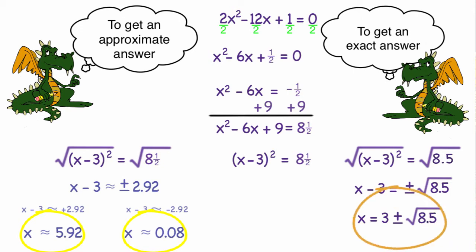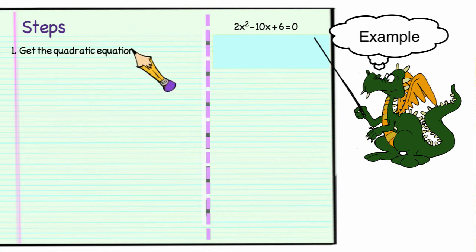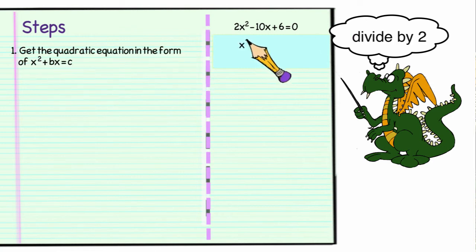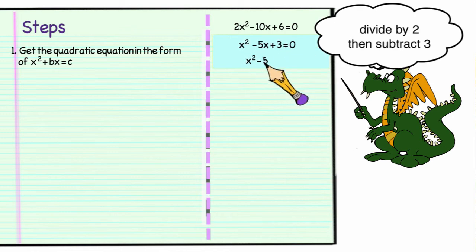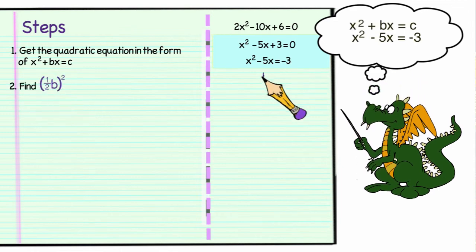Let's do a quick review of the steps needed to solve a quadratic equation by completing the square. First, we want to get the equation in the form of x squared plus bx equals c. We then find (1/2 b) squared.